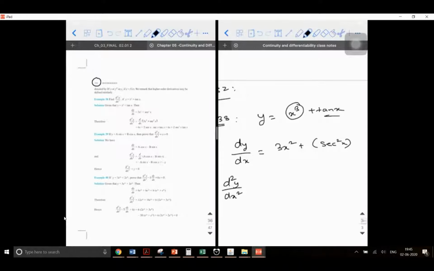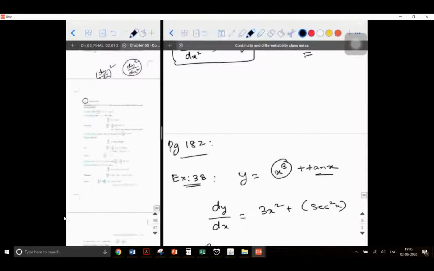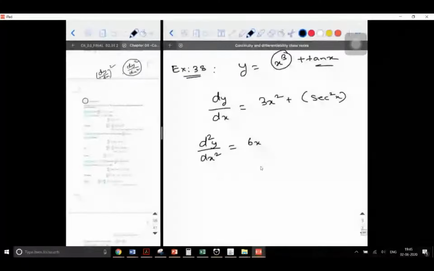Derivative of 3x square plus derivative of secant square x is derivative of secant square x will be 2 secant x into derivative of secant, which is secant x tan x.